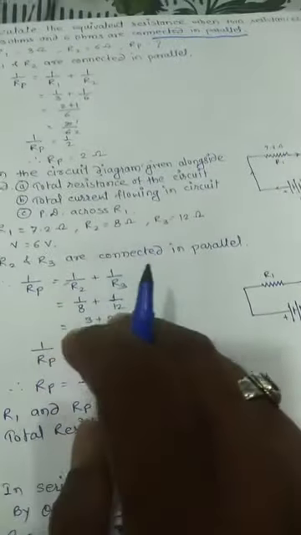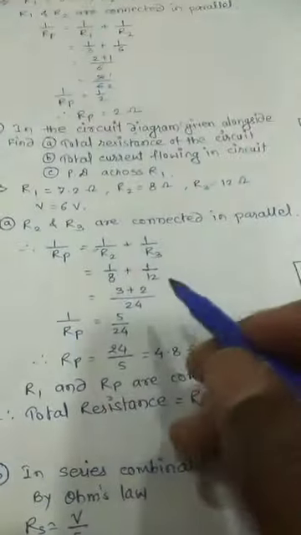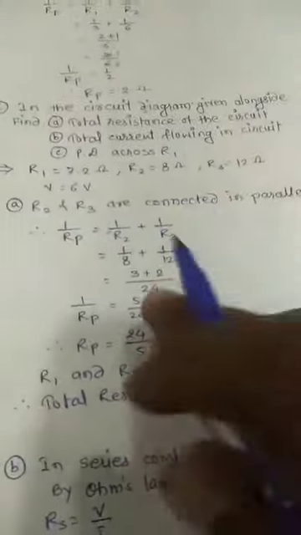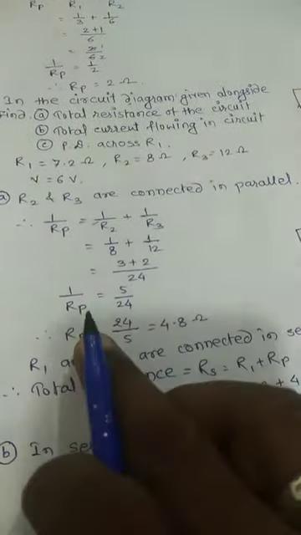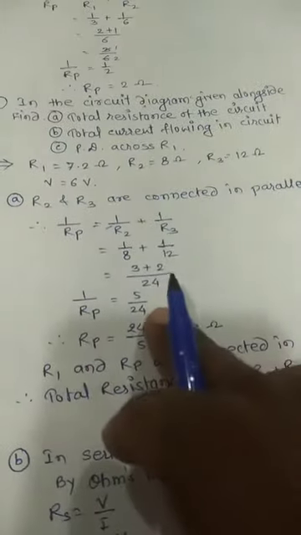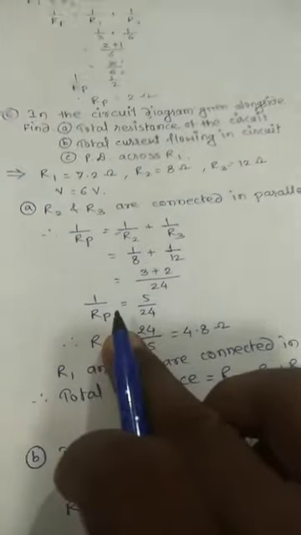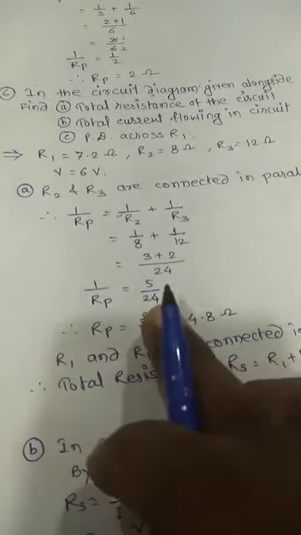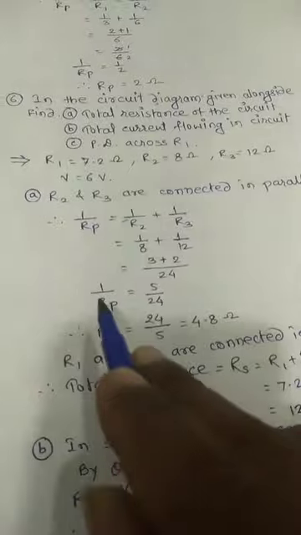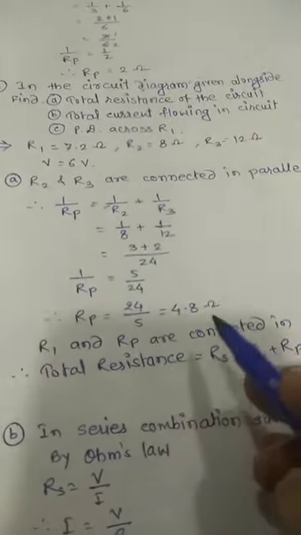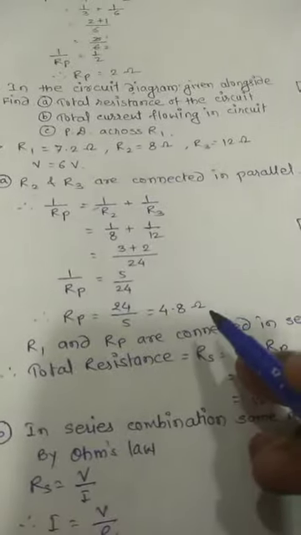Here we substitute the value and by the rule of fractions we solve this. So what will we get? 1 by Rp equals to 5 by 24. This is the value of 1 by Rp, not Rp. So to find out Rp, take the reciprocal of this. So 24 by 5 means 4.8 ohm.